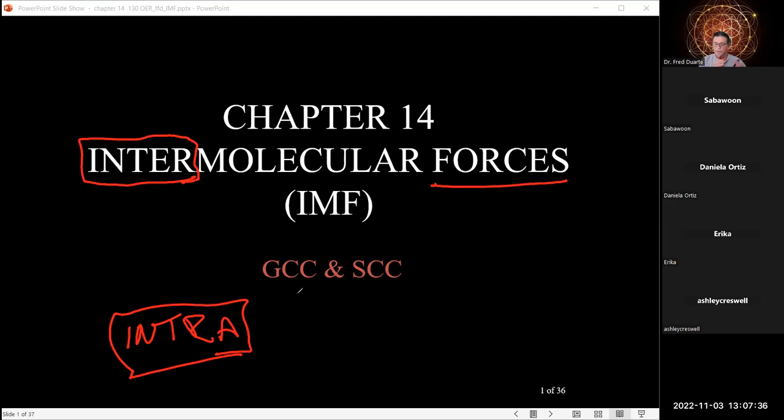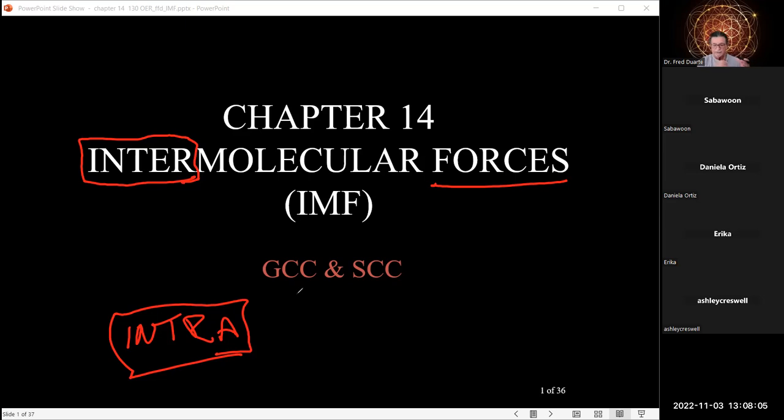So intramolecular forces are straightforward: what type of bond? With inter, you have to determine what the whole molecule is doing, assign it as polar or nonpolar, and from that information we then assign the type of force they have.